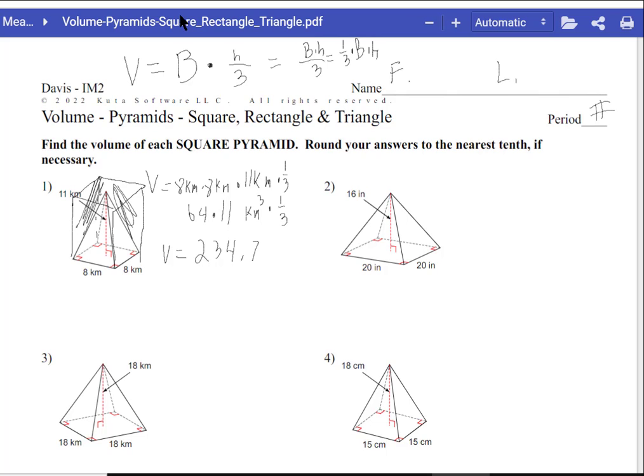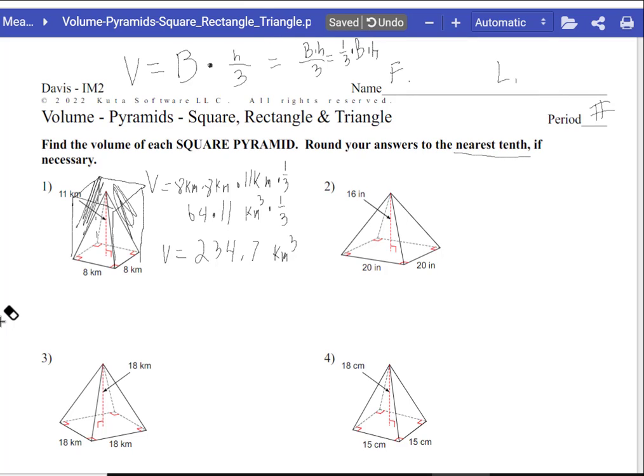So I'm going to put 7 cubic kilometers because I'm counting cubes. Now, it says to the nearest tenth. So it would have been 4.6666, but rounding up, this becomes the 7 instead. Alright, so that's just explaining that part.